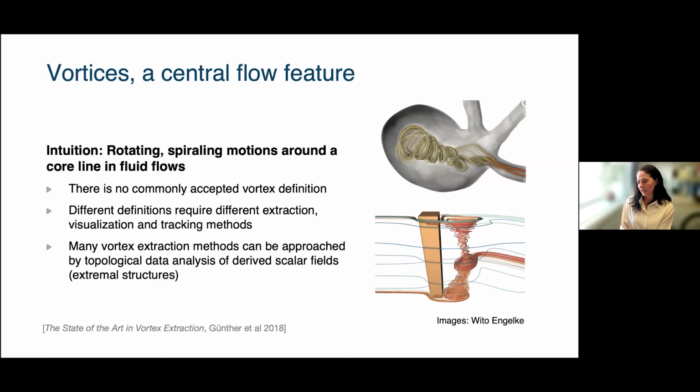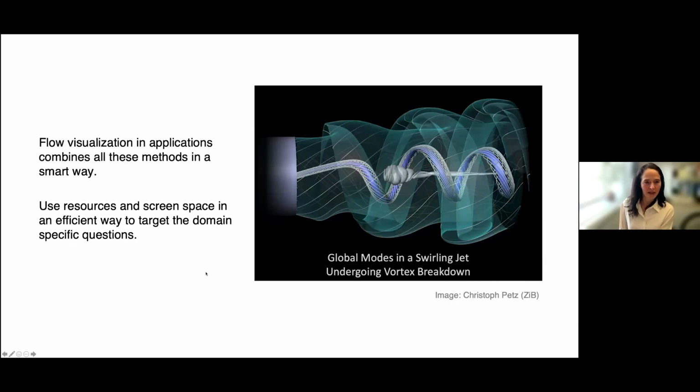Without going into more detail here, I would like to conclude with my favorite flow visualization, probably. This is a visualization of a jet, a flow coming from the left. And this is a very carefully designed visualization, combining all basic visualization methods that we have seen before.